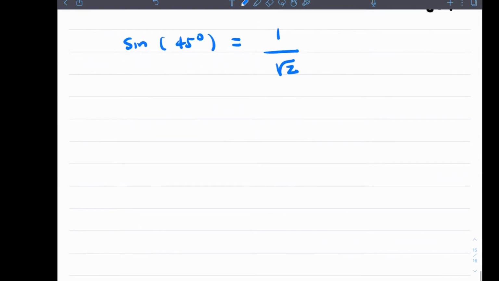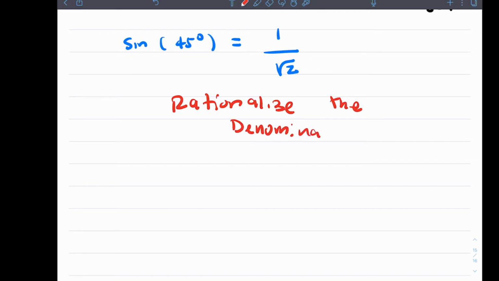Now, but what's the issue? We always have to do what? Rationalize the denominator. How do you do that? Square root of 2 over the square root of 2. What does that equal? Square root of 2 over 2.